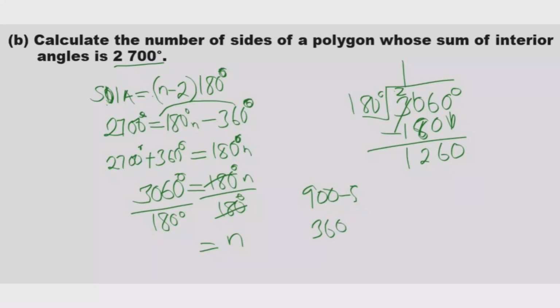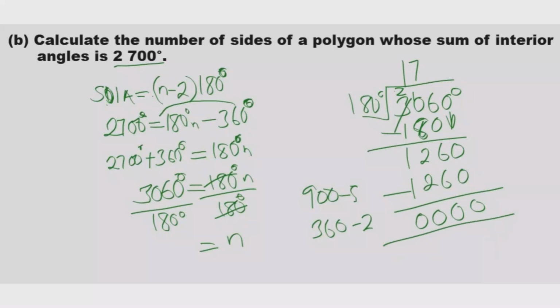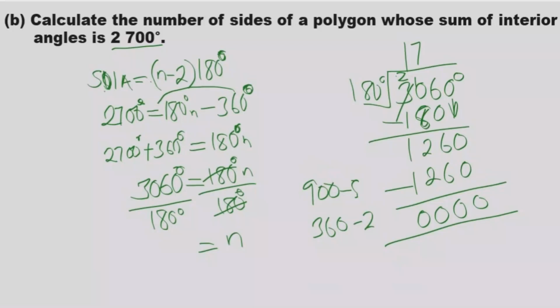So into 360 it will go 2 times. So the answer there will be 7. So 7 times 180 will give us 1260 degrees. Then when we find the difference, we will find that 0 minus 0 is 0. 6 minus 6 will give us 0. 2 minus 2 will give us 0. 1 minus 1 will give us 0. Hence, we have completed. So that means the number of sides is equal to 17.